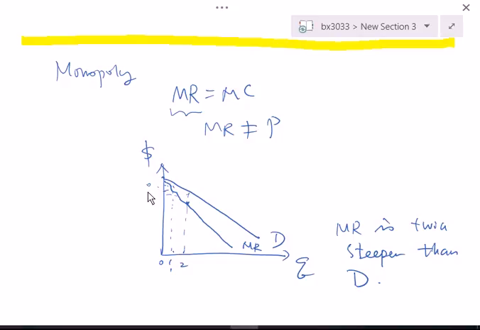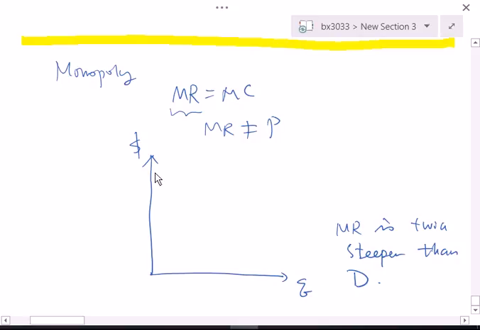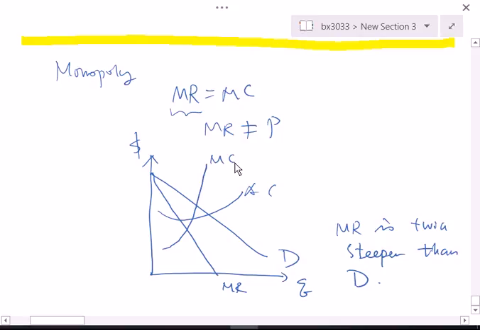Okay, let me just draw a diagram. So a downward sloping demand curve, a marginal revenue curve twice as steep, and this firm has average cost and marginal cost, as usual.